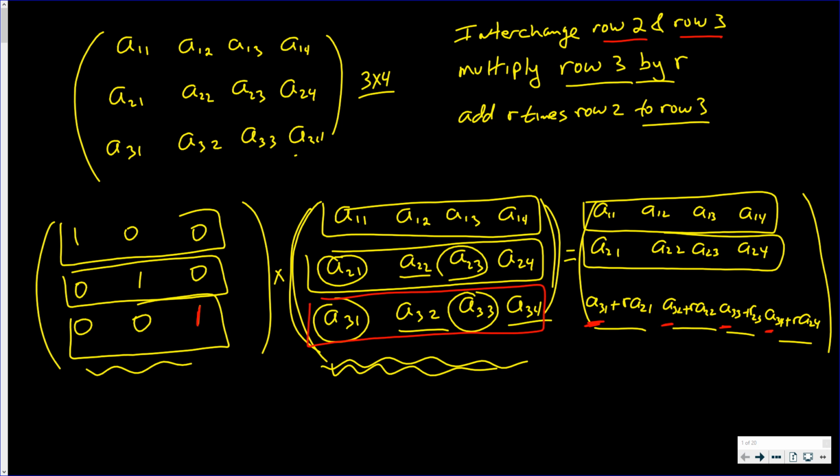But now I keep adding on multiples of row 2. There should be an A23 there. See if I have enough room to fix this.